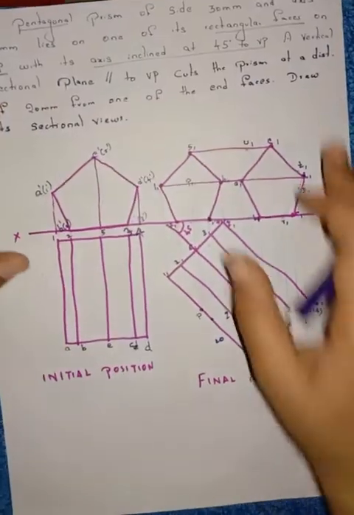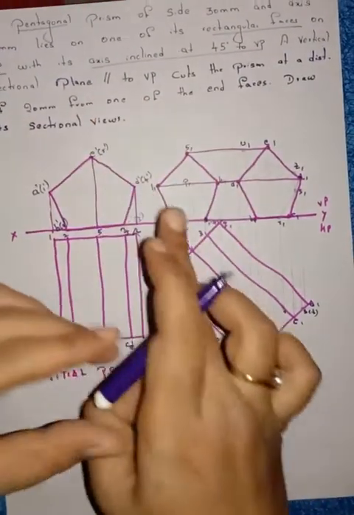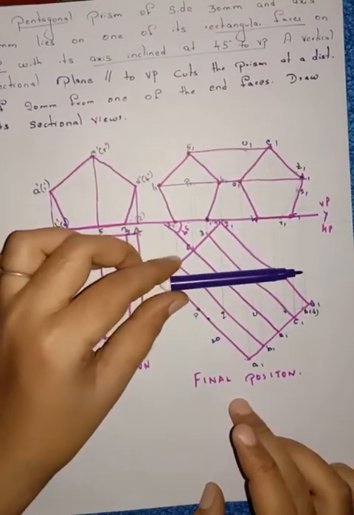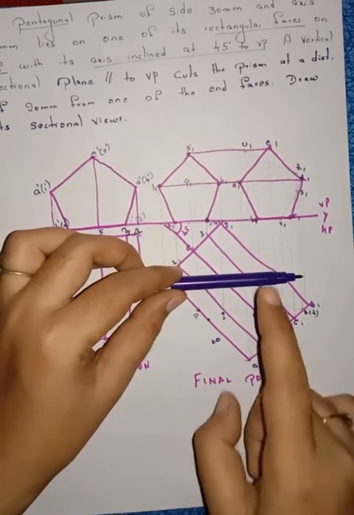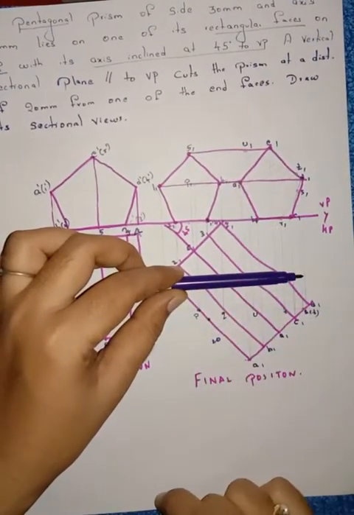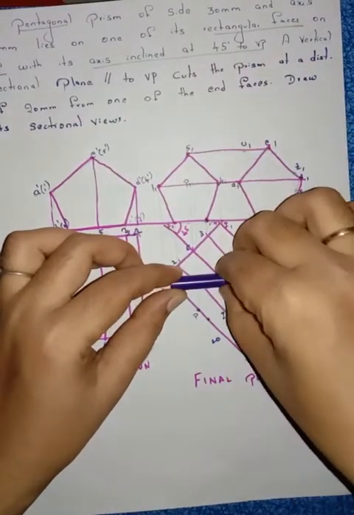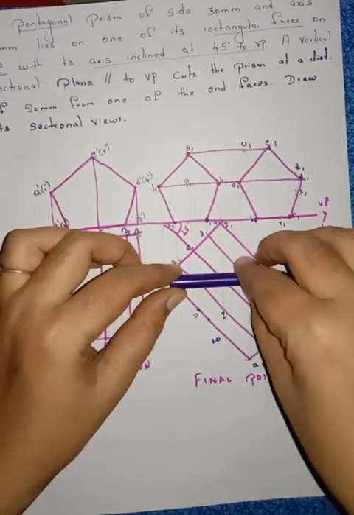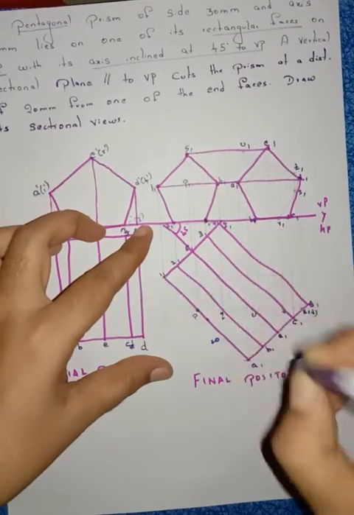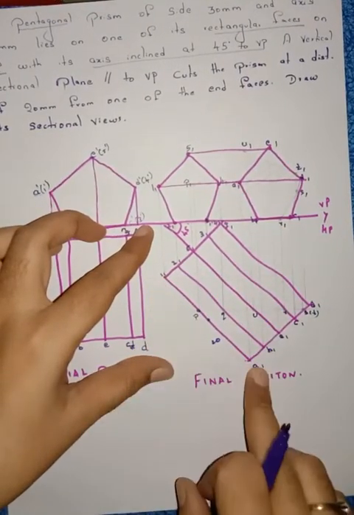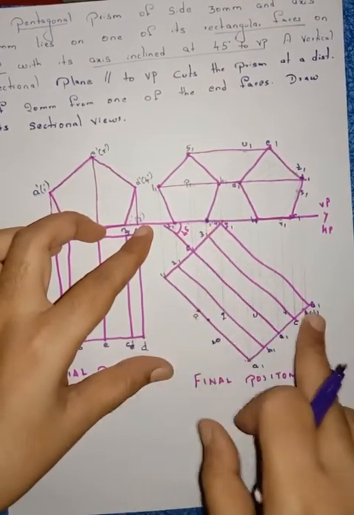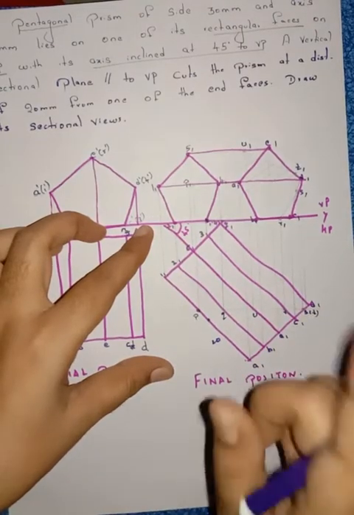Once again, I am telling you, the vertical sectional plane is parallel to VP. If I am keeping the sectional plane like this, this is parallel to VP. It cuts the prism at a distance of 20 mm from one of the end faces. They mention the distance also, 20 mm from one of the end faces. 1 to A is an end face and here 4 to D is an end face. Take any one of the end faces.